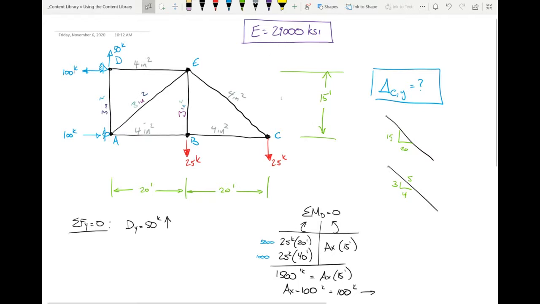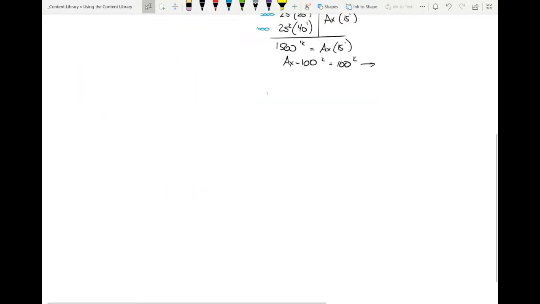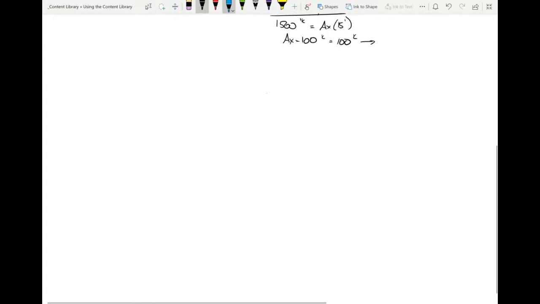Okay. All right. Let me show you a real quick way of doing the truss analysis, and this is the nice thing about paper. You can do this however you want. So what I'm going to do is draw the truss in a sort of expanded fashion, right? So there's the truss, and let's draw these little stubs for the truss members.